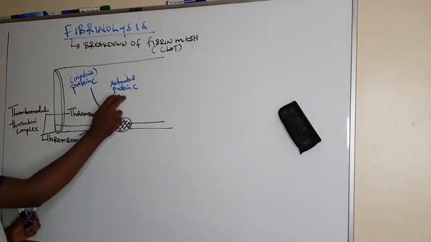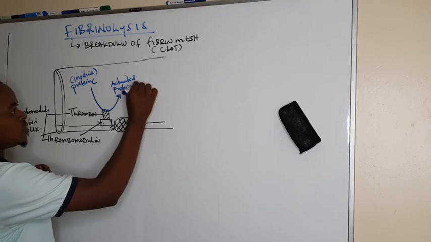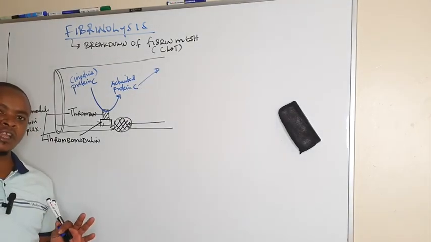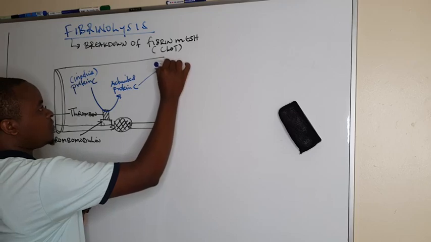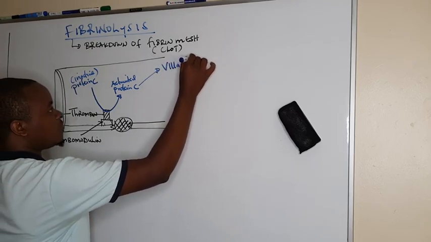And after activating protein C, this protein C does two roles. One, remember during secondary hemostasis, there is always activated factor 8 and activated factor 5.